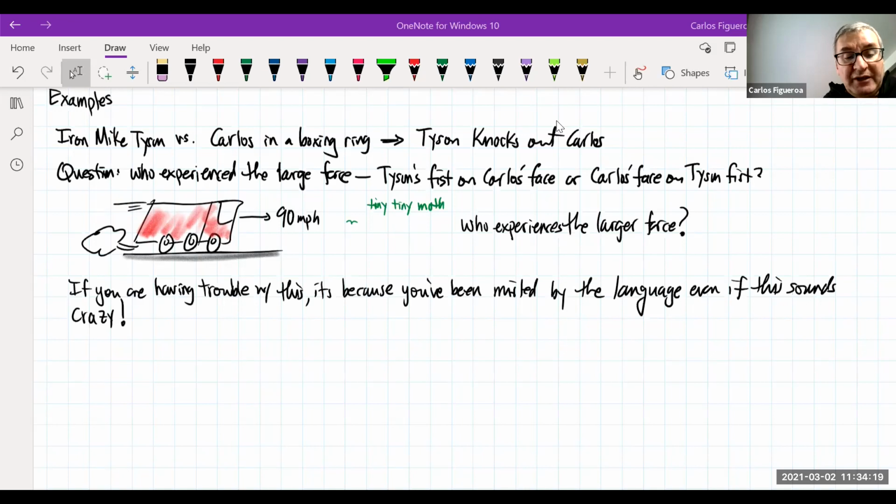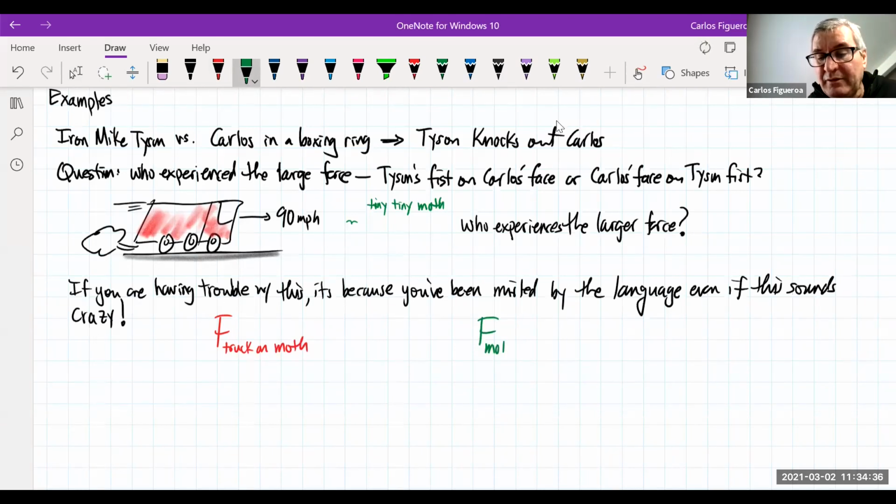And so what you're seeing here is that you do have the force of the truck on the moth. And Newton's third law says that the force of the moth on the truck is identical.